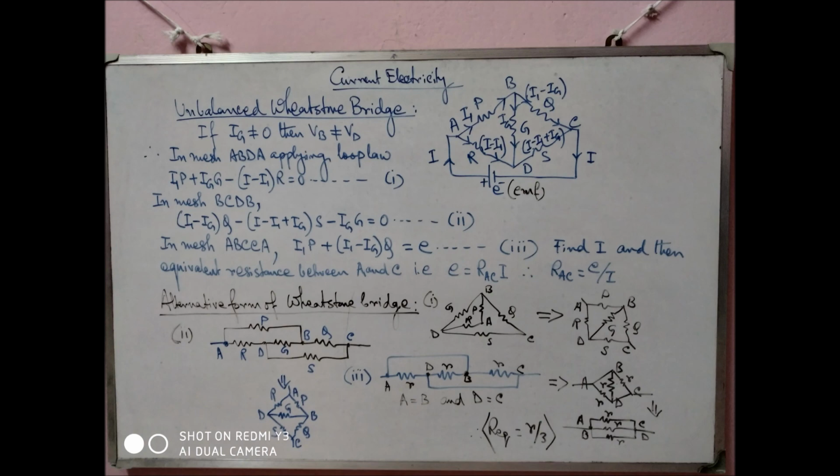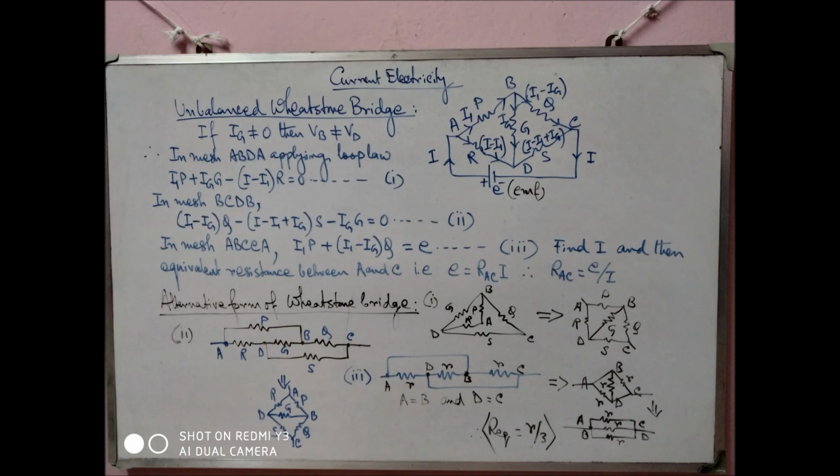The next diagram. Now if A and B are the same point and D and C are the same point, very easy to say these three are in parallel, because the terminal points are AC or BD, or anyone can tell AD and BC, because A and B are same and C and D are same.